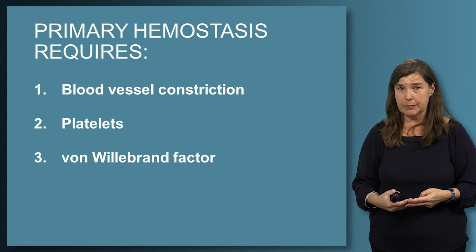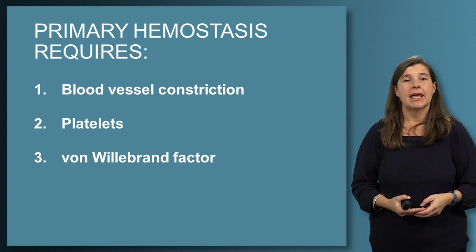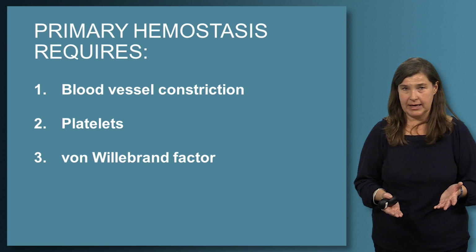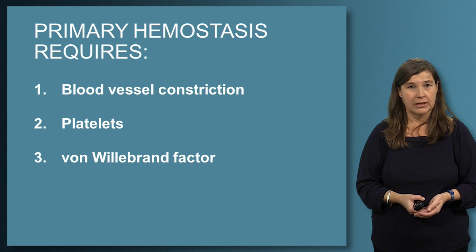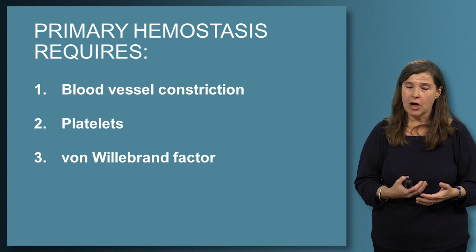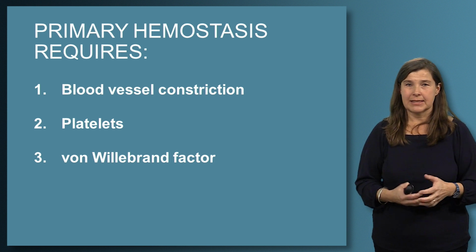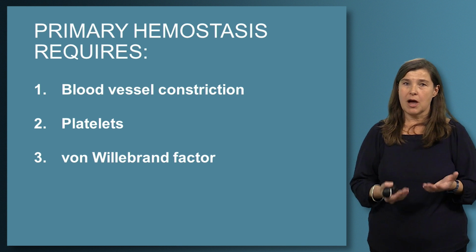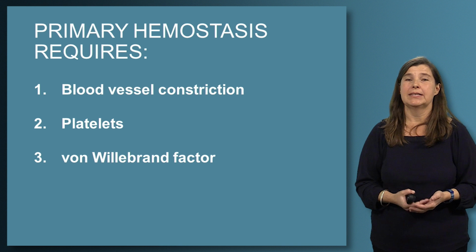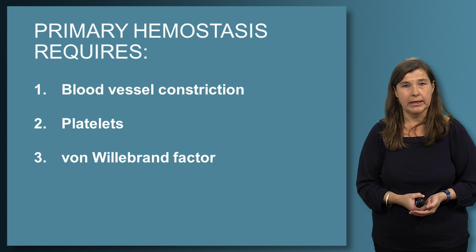They have to be in a good number, and they have to work. And now we introduce another factor. This is something called von Willebrand factor. Von Willebrand factor is a complicated protein that does lots of different jobs. But it also is the problem in a very common bleeding disorder called von Willebrand disease that we'll talk about later in the week.